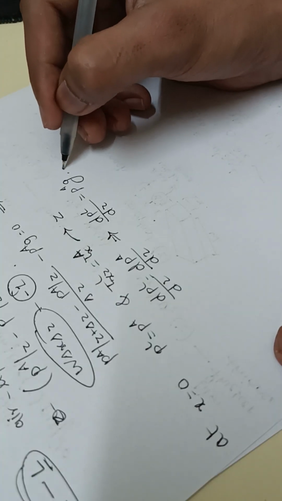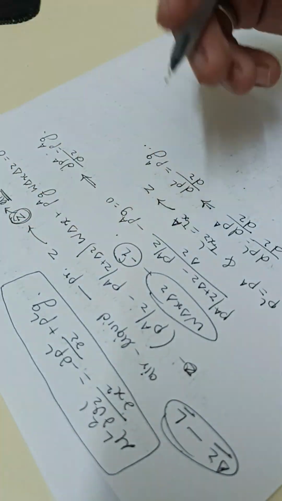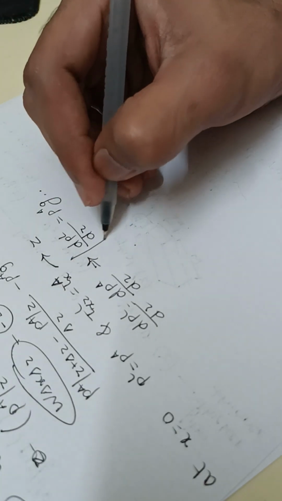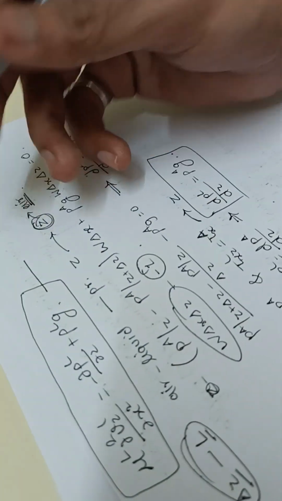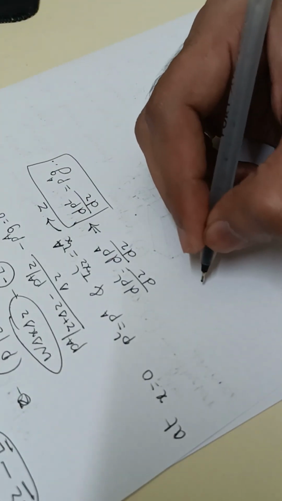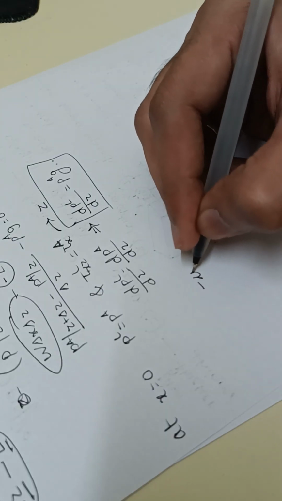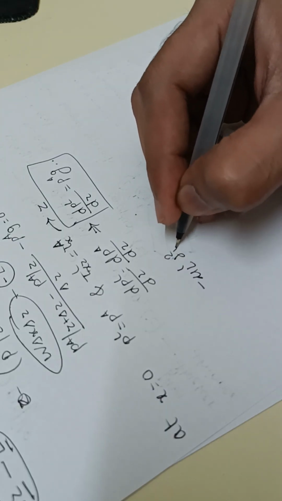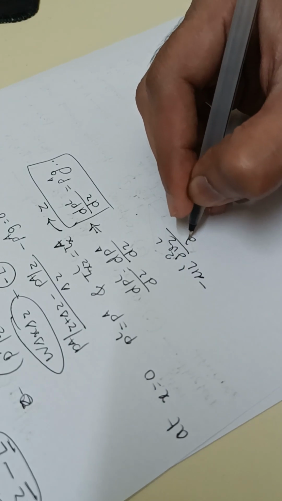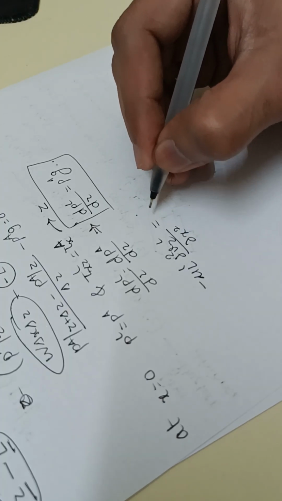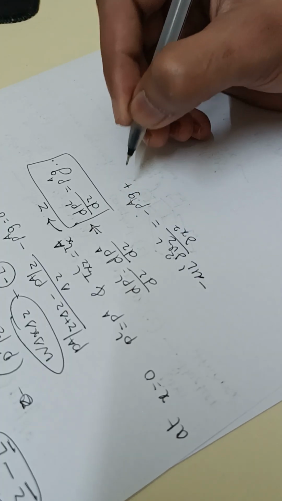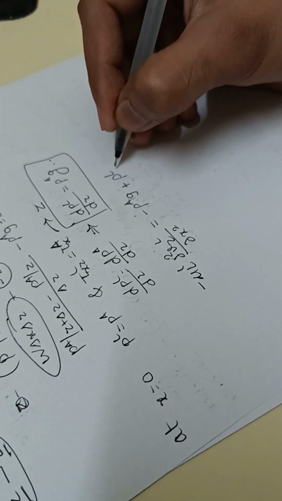So substituting this into the equation that we derived earlier, we get minus mu L d square VZL upon dx square equal to minus rho A g plus rho L g.